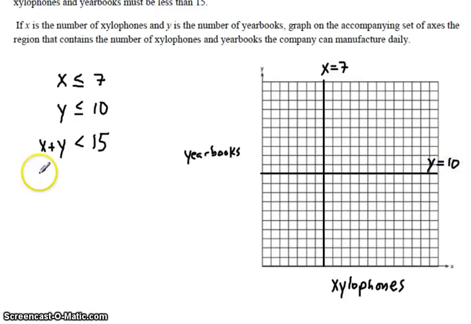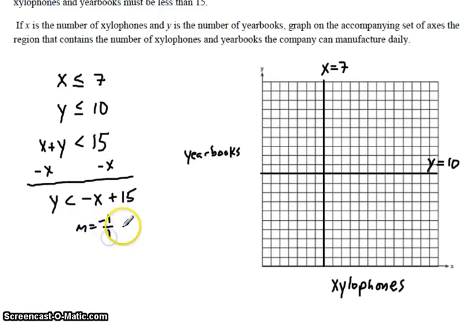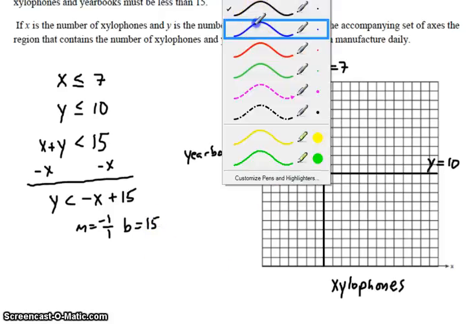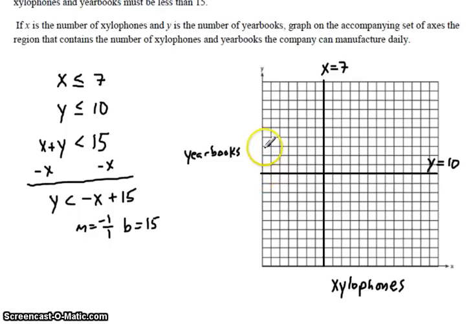The last one I've got to put into y equals mx plus b form in order to graph, so I'm going to subtract x from both sides. And we get Y is less than negative x plus 15. This would have a slope of negative 1, or negative 1 over 1, and my y-intercept is 15. If this is 10, this would be 11, 12, 13, 14, 15 as my b, and then a negative 1 over 1, so I'm just going to go down like this.